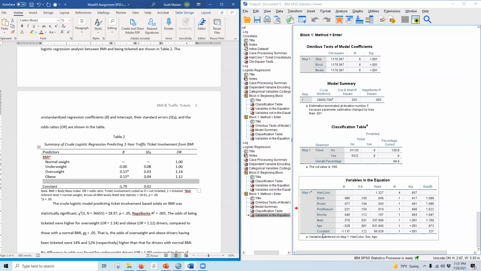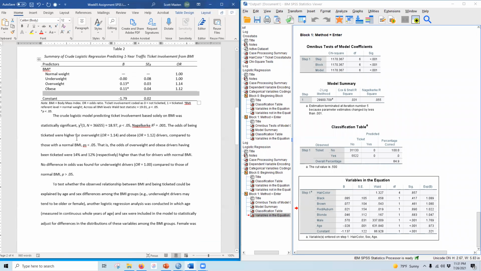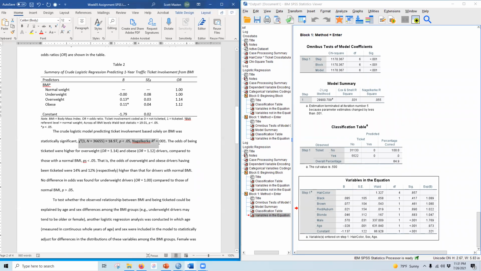Constant is just this constant one. Just fill in what it asks for, 1.14, negative, standard error, 0.12. Gets a star on the 1.14. That's it. So this Nagelkerke thingy right here comes from up here at your Omnibus test of model coefficients.